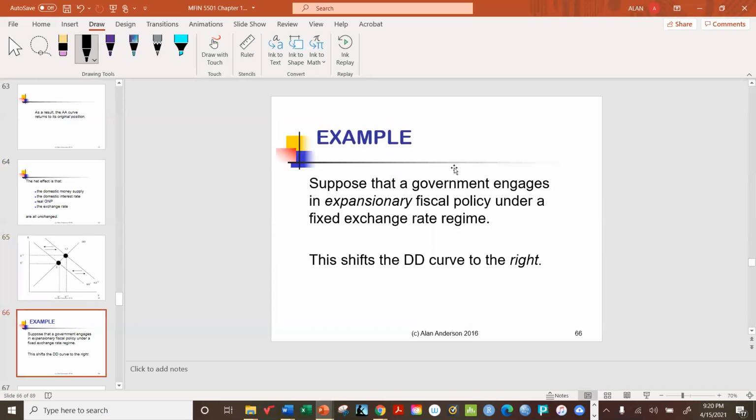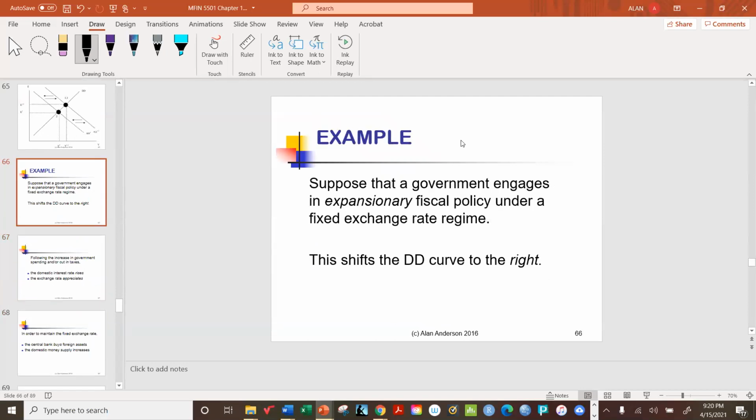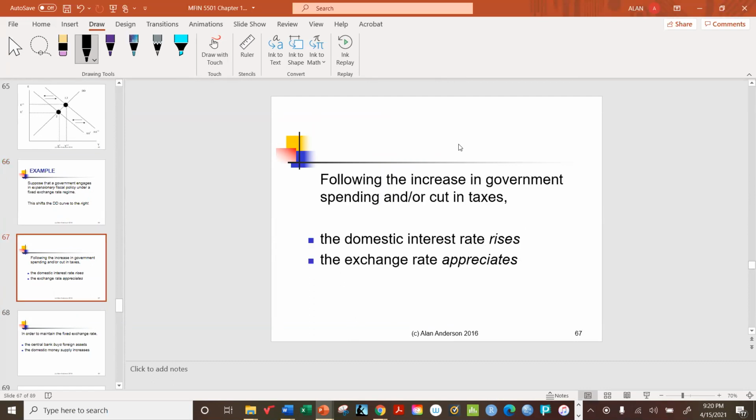On the other hand, what about fiscal policy? Now remember, that's the one that affects the DD curve. So if we decide to engage in expansionary fiscal policy to stimulate the economy, the DD curve shifts to the right, following either an increase in government spending or a tax cut.